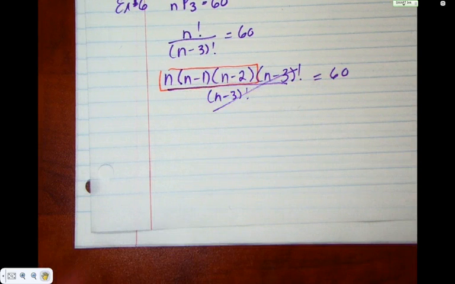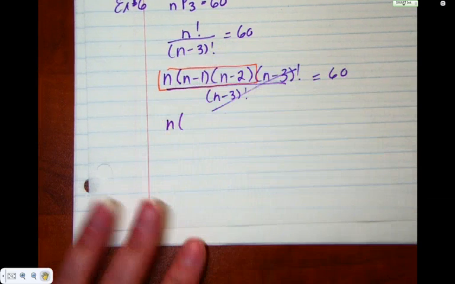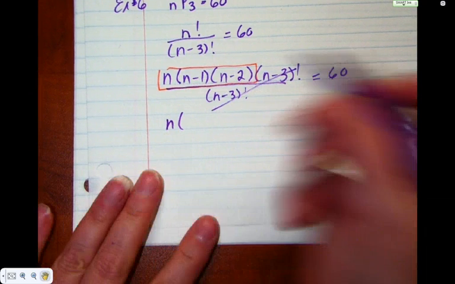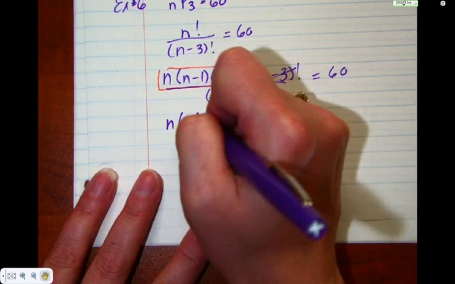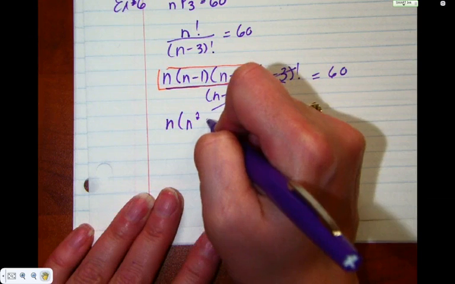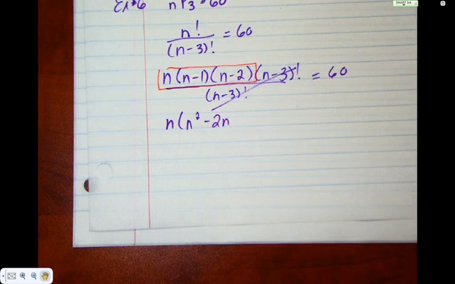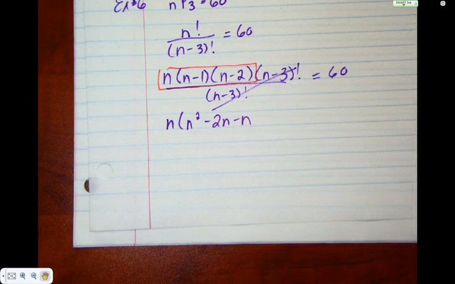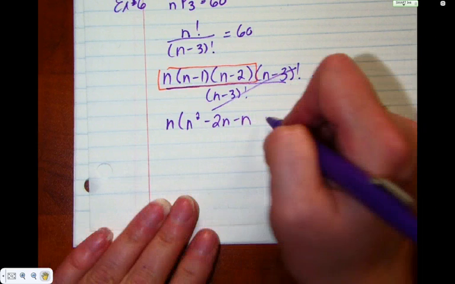I tend to do the binomials first, but it's completely up to you. I like to FOIL, so I like to do that first. N times n, n squared. The outside, n times negative 2. The inside, negative 1 times n. And the last, negative 1 times negative 2.